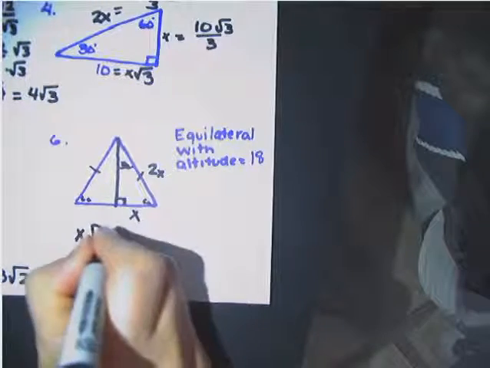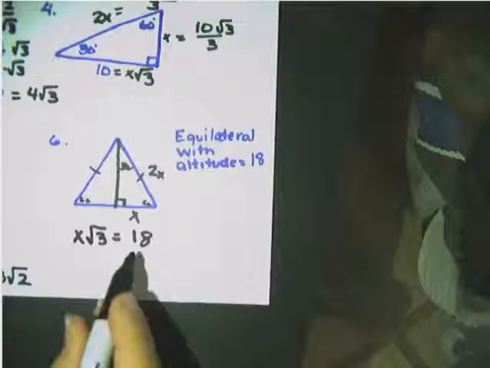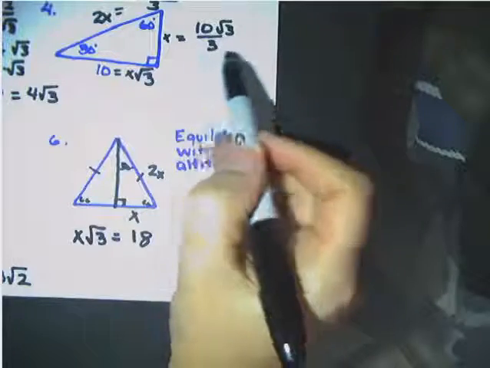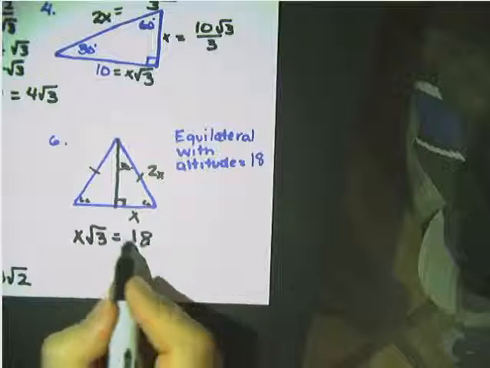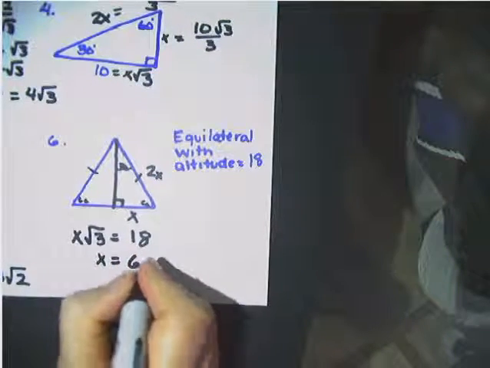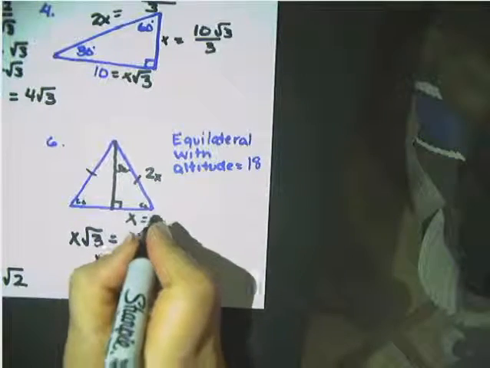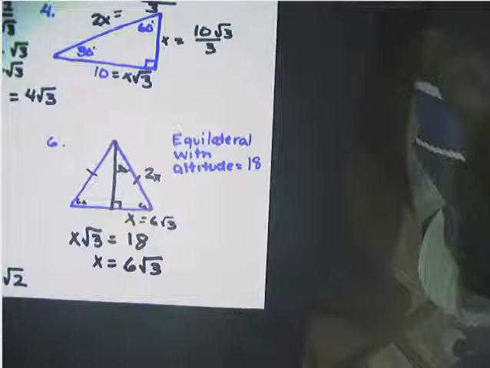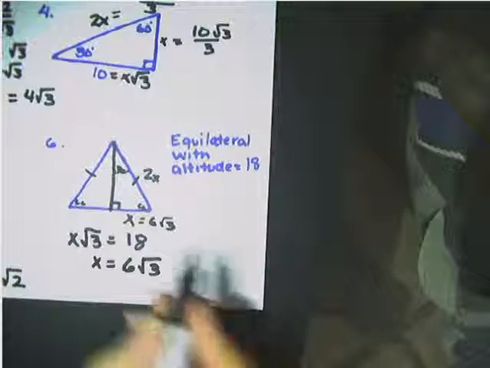So I'm going to divide by this and rationalize, but again, the quick way, every time we rationalize by root 3, we divide by 3 and multiply by root 3. So 18 divided by 3 is 6, and stick a root 3 next to it. That is my x. That is this half of a side, 6 root 3. So 2x, the whole side of the triangle, would be 2 times 6 root 3, which is 12 root 3.